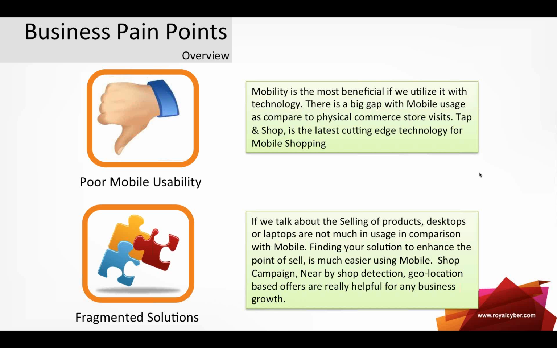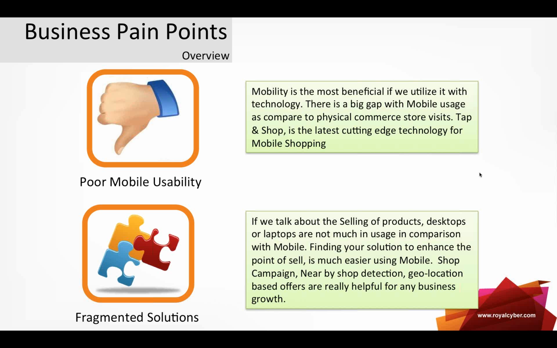Poor mobile usability is one of the key things. A lot of companies are moving into a mobile commerce strategy, but they get mixed up with so much. There is so much to do in there that they lose the most important thing, which is usability.